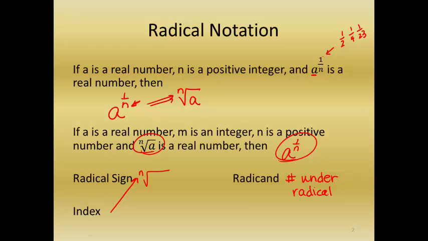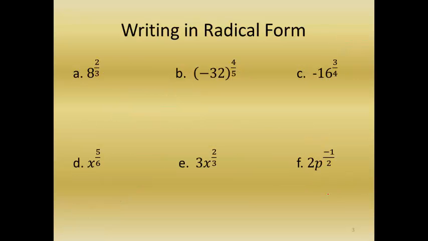Okay, so let's actually work with a couple of these. The first set of directions here are to write this in radical form. That is to take it from an exponent and put it into radical form. Now, what was said before was that it's a to the 1/n. So this is different because it's 2 over something. So this is actually 8 to the 1/3 power being squared. Remember, this separates it.